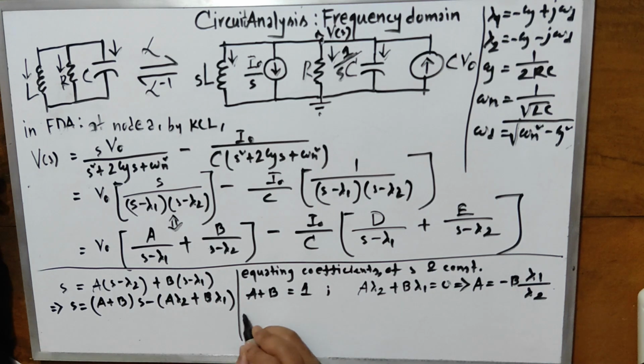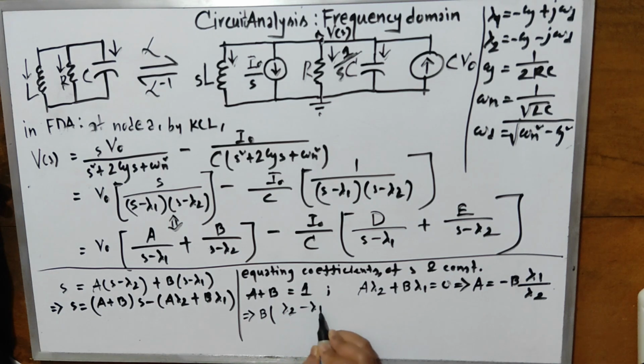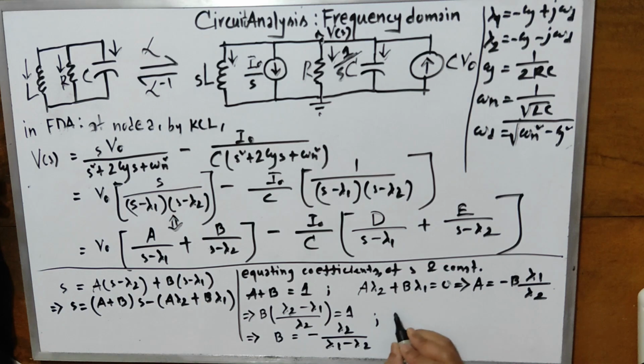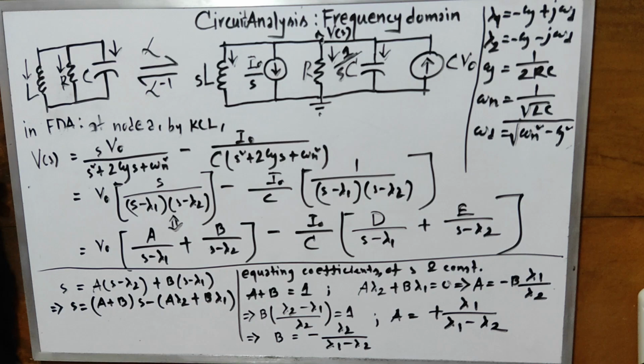So a is minus b, so b commoned out, and lambda 2 minus lambda 1 by lambda 2 is 1. Now b is minus lambda 2 by lambda 1 minus lambda 2, and a as a result is plus lambda 1 by lambda 1 minus lambda 2.